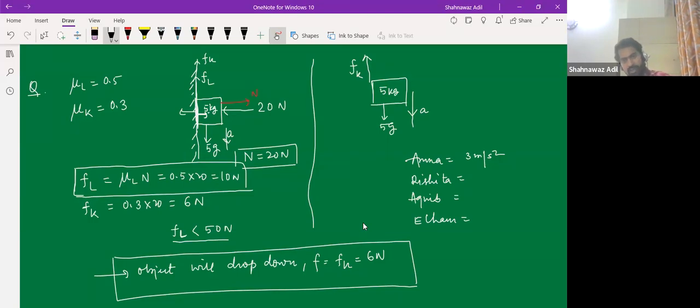Yes, guys, this is a simple free body diagram question. Numerous times you have solved this question. I'm getting 8.8. So whatever you are getting, 8.8. Oh, so this is Akif.